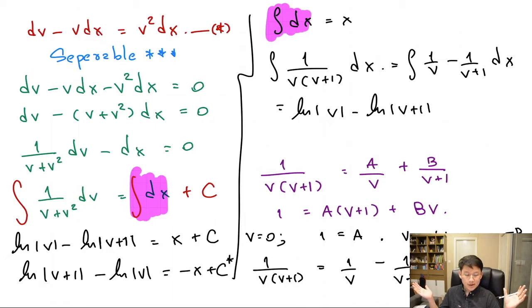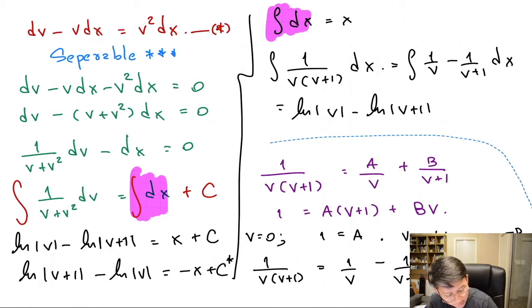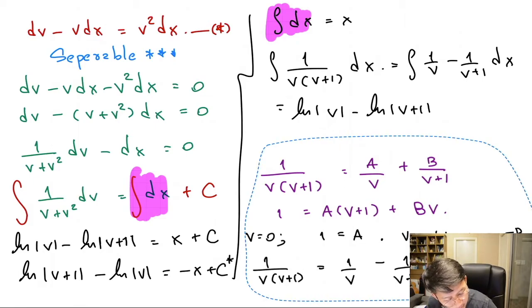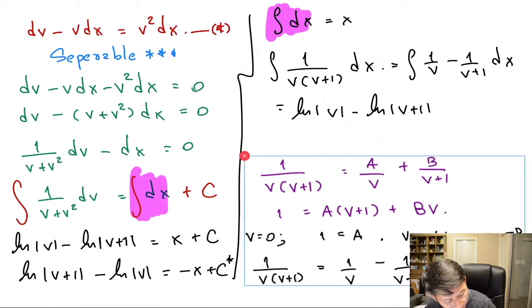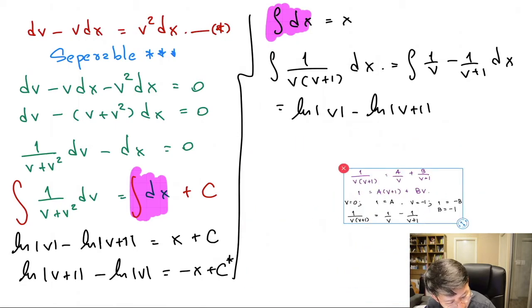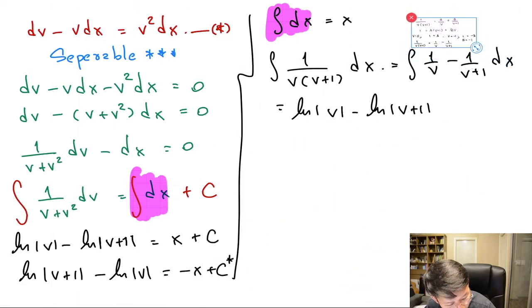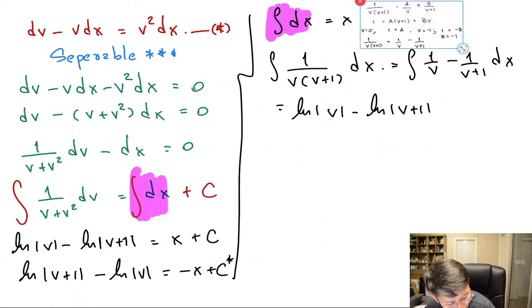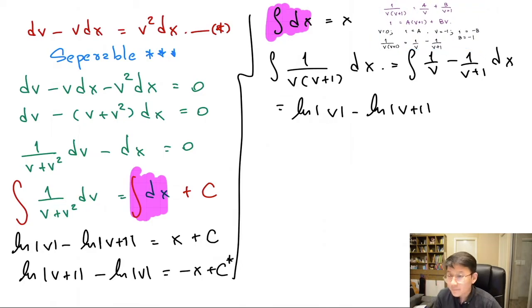I don't want to get a new page, so can I resize this? I keep it here, because we don't need that anymore, just how to do the partial fraction.